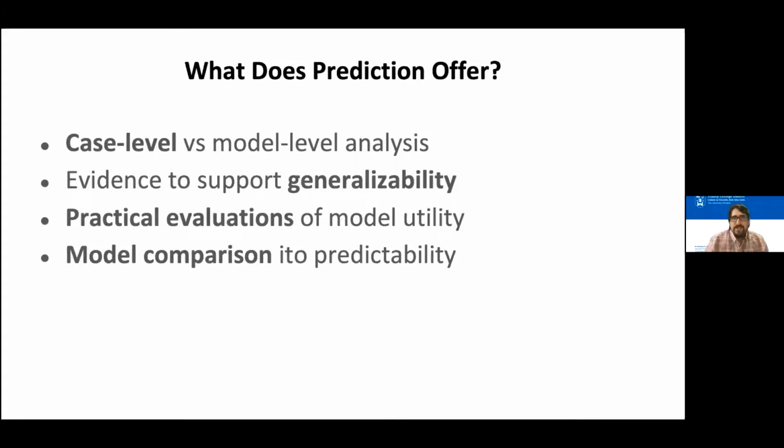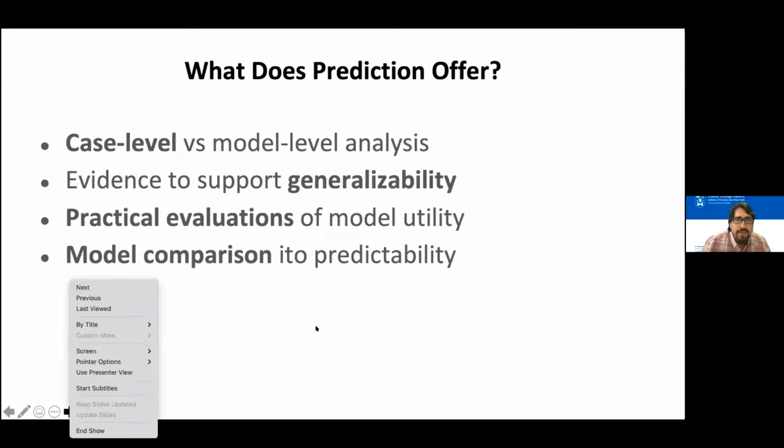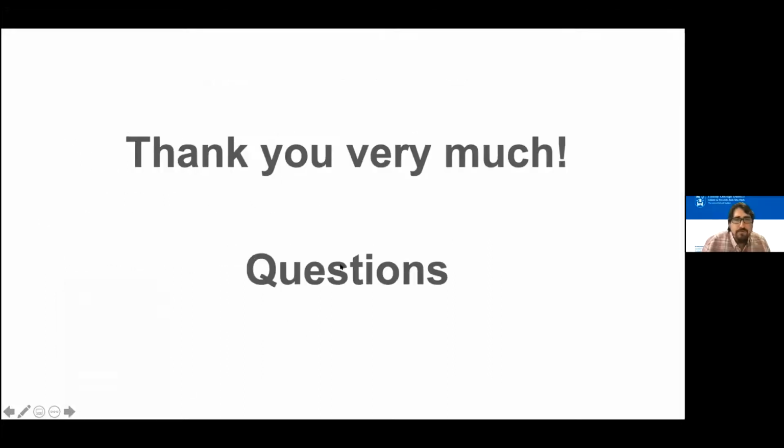Will it be useful for practitioners to apply this model in practice? Or is this simply an academic model for academic research? And finally, we can conduct model comparisons, not only in terms of the standard model fit criteria, but also in terms of their predictability. And I think that should be all for me today.